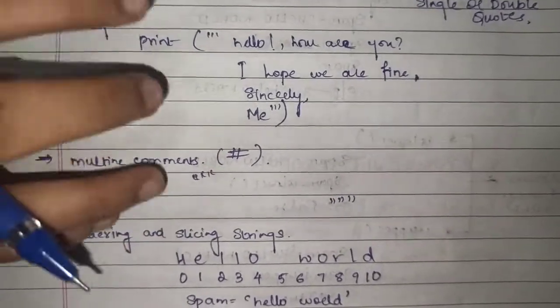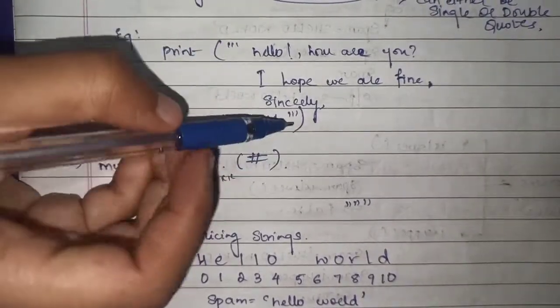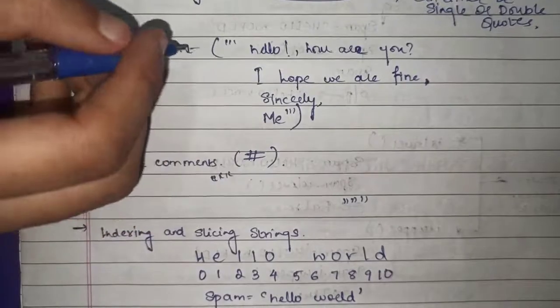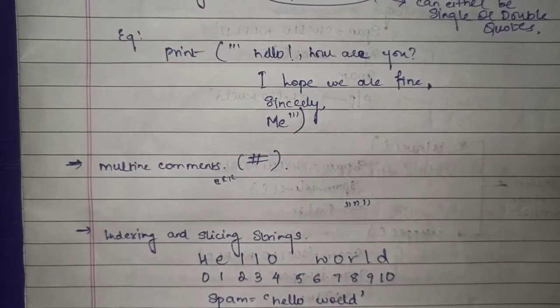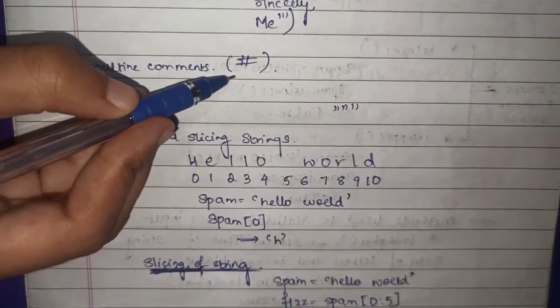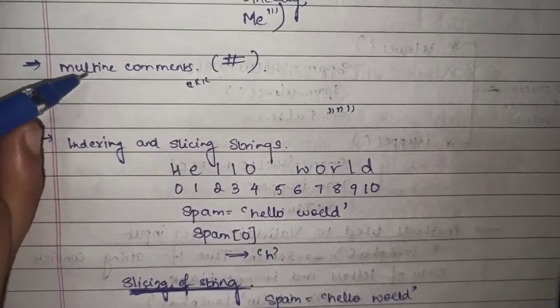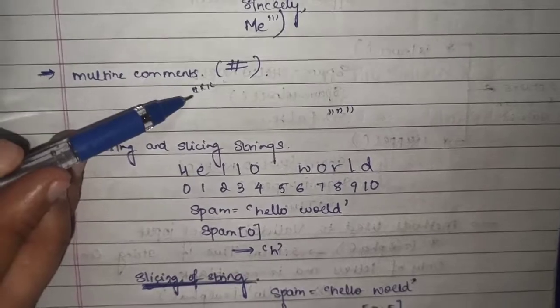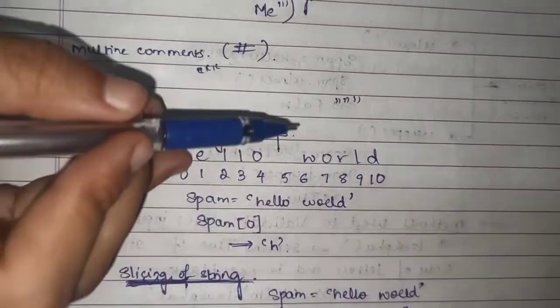As it is a multi-line string, you'll be using triple quotes. Either triple single quotes or triple double quotes can be used to represent multi-line strings. Coming to comments, comments are usually represented using hash in Python, and you can also give multi-line comments using three double quotes.